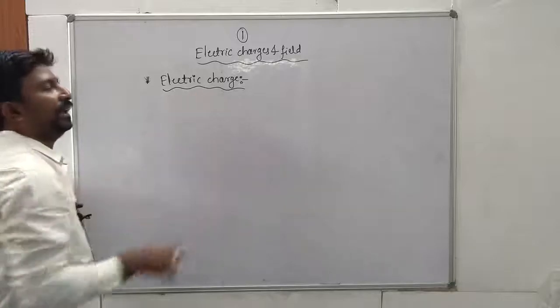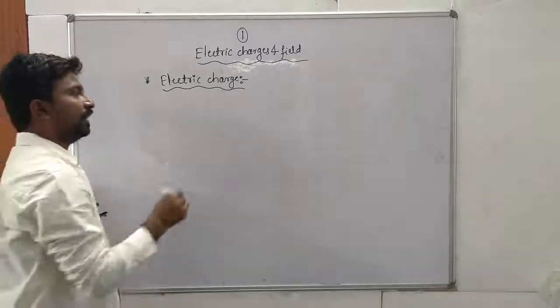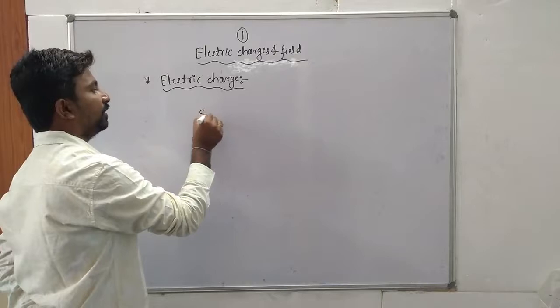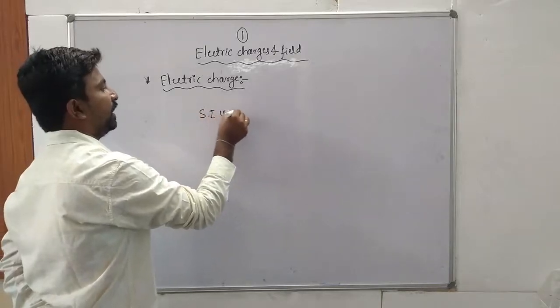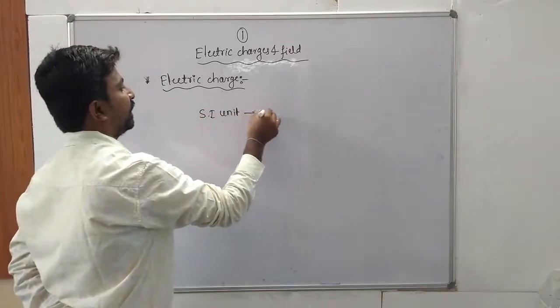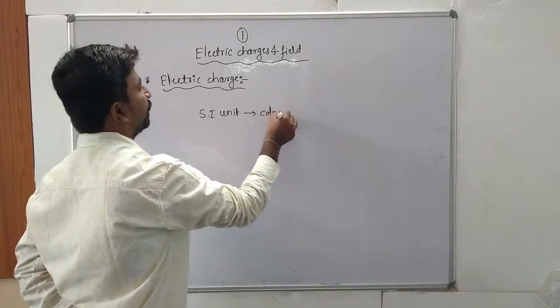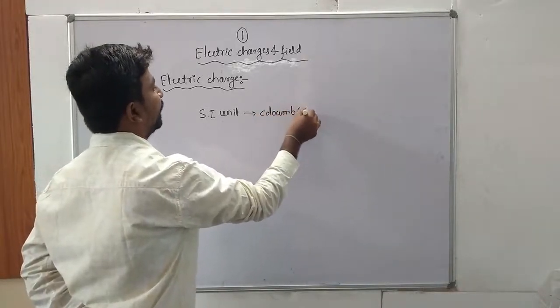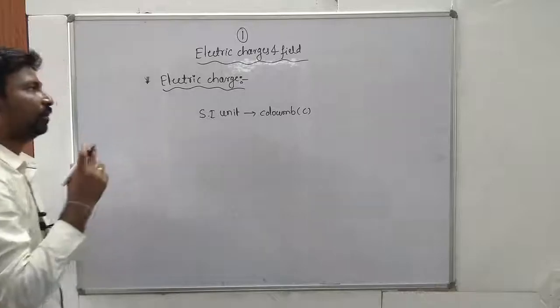That is called electric charge. The SI unit of electric charge is coulomb, and it is denoted by C.